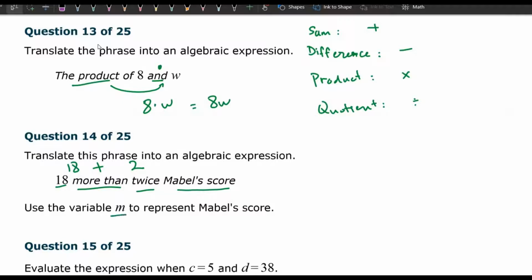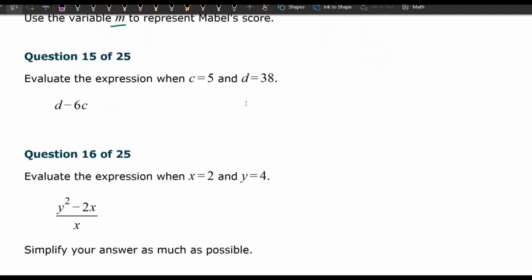Use M to represent Mabel's score, so twice is 2M. So 18 plus 2M is your final answer. You only need to write the expression; you don't have to solve it.